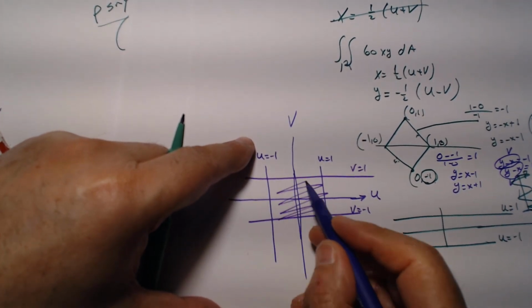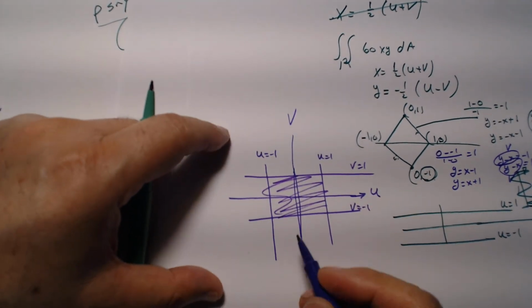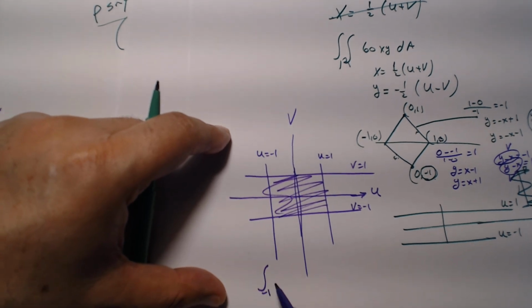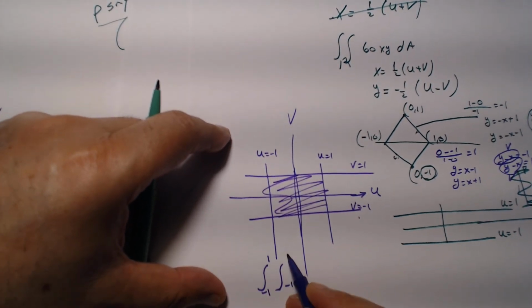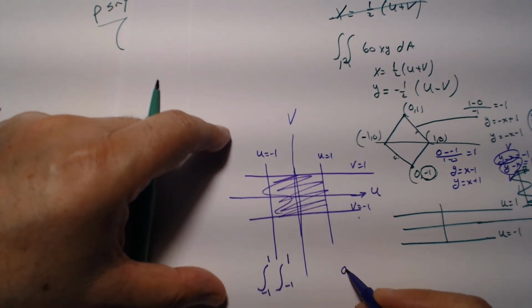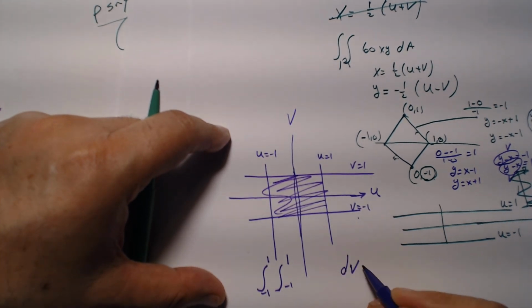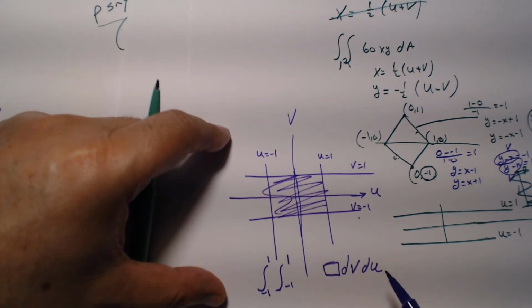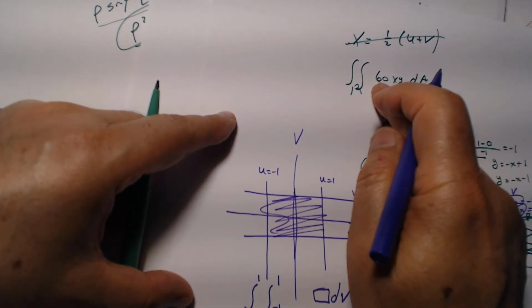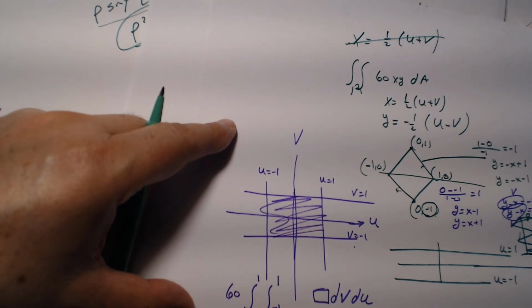See, right now it's fixed, and I'm going to write right here negative 1 to 1 and negative 1 to 1, but instead of dy dx, I'm going to put dv du. I do need a factor, but also I have 60. I'll put a 60 right here.